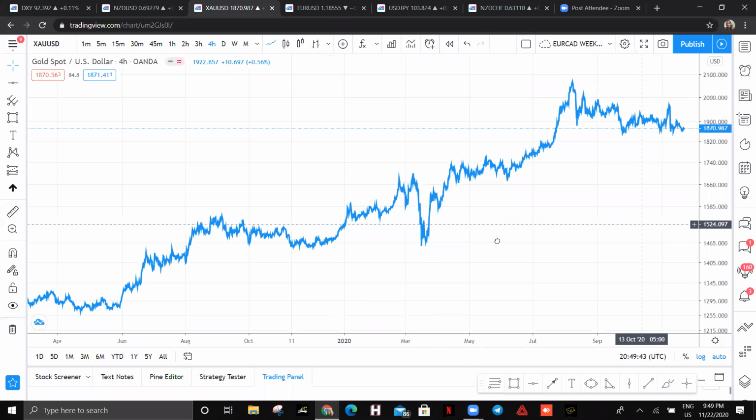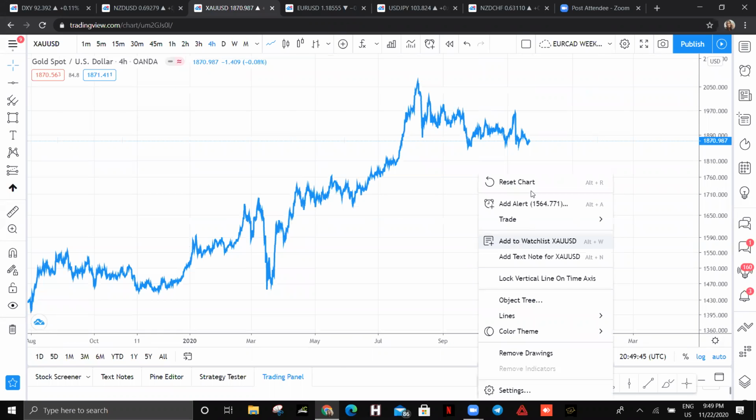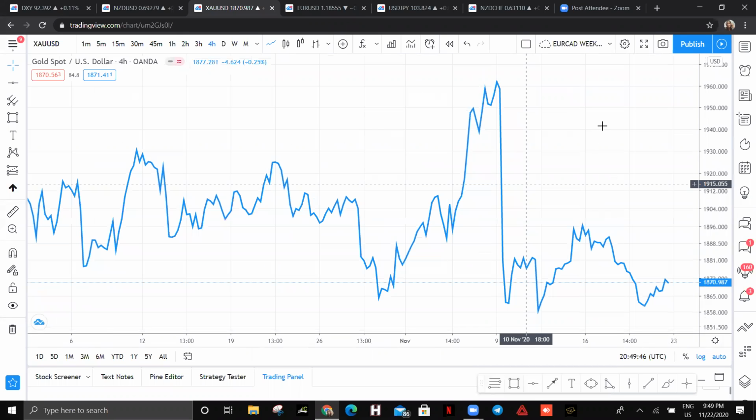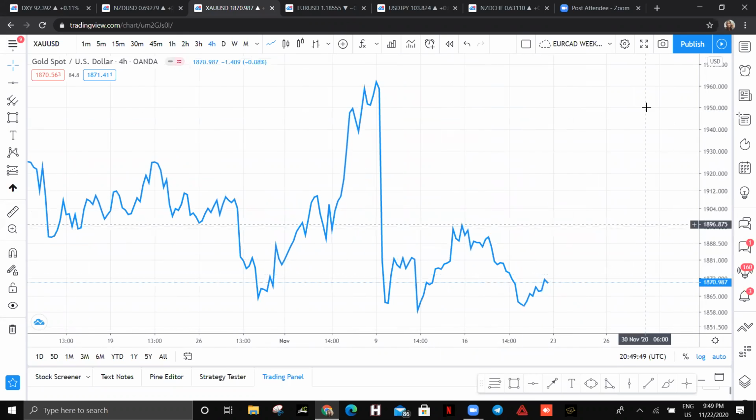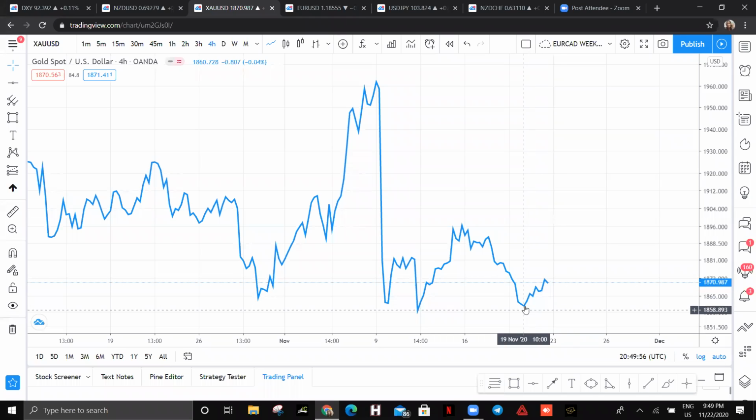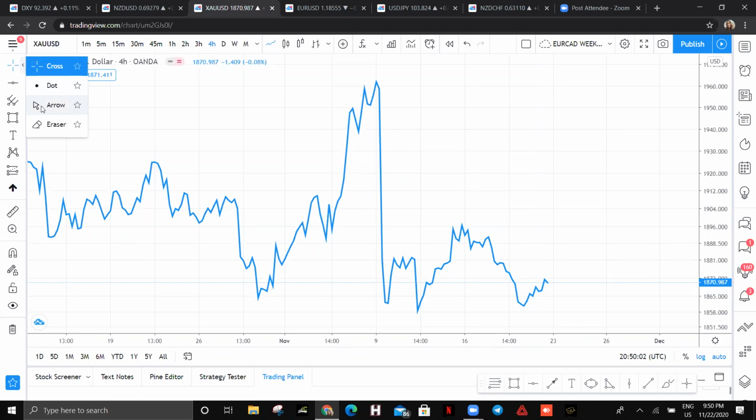If you squeeze it this way, you may barely see all those charts. So let me zoom it out and see what is the recent pullback. So this is going up. From here to here, you can see it's moving up. So the recent pullback is this place here. Let me change this cross to arrow.